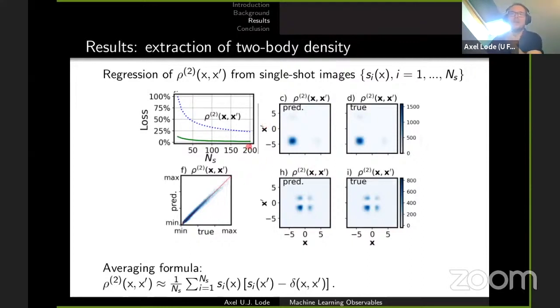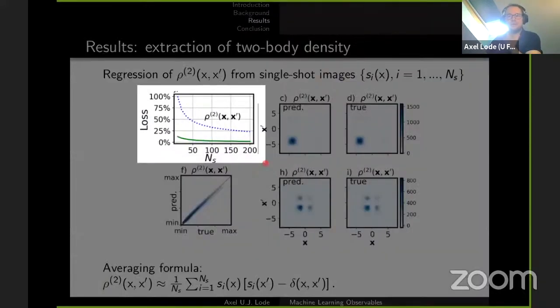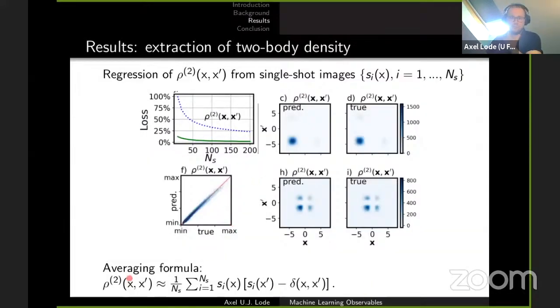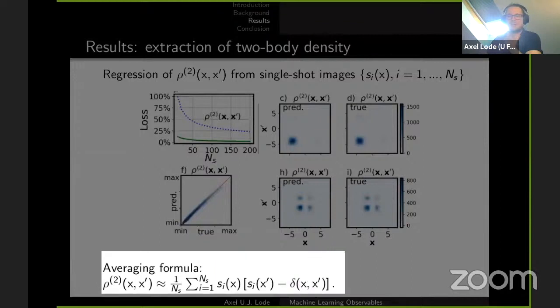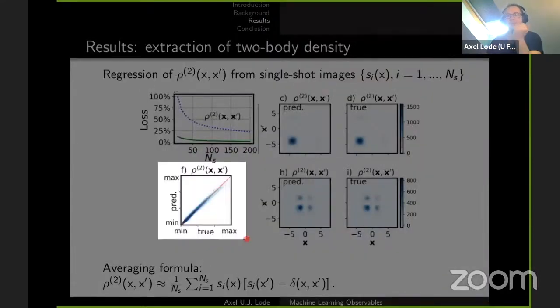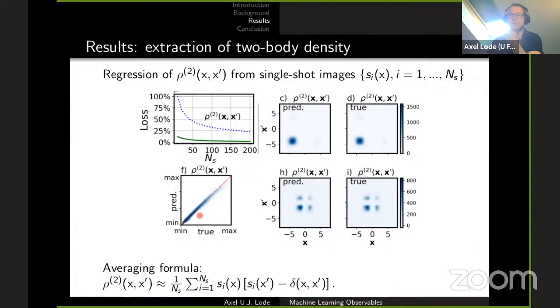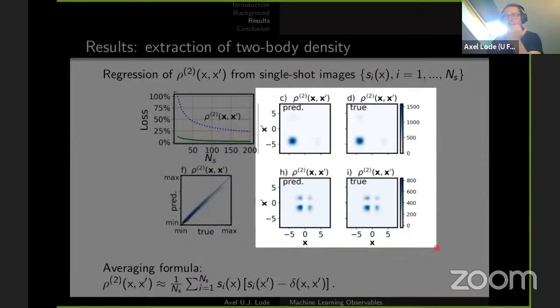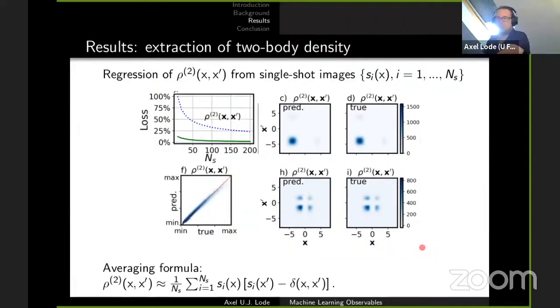And still we get a similar behavior of this error. Of course, for the two-body density, the averaging formula is a bit different. Our predictions nicely align with the true values as shown in this histogram, and this also reflects in the samples that we show here. So, okay, this is done.